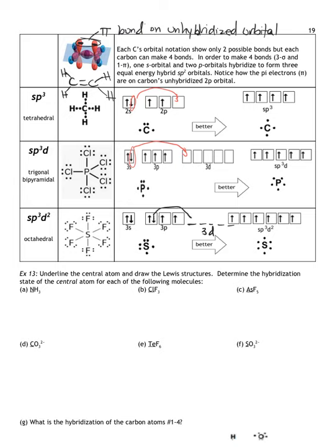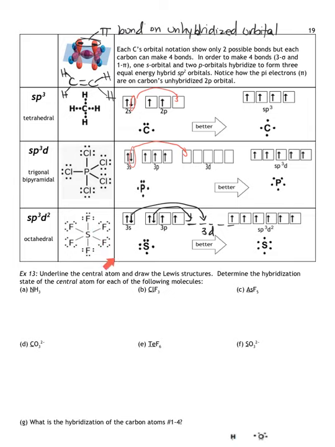So one electron's going to go over here, another electron's going to go over here. So we're going to hybridize one s, so here's an s orbital, 3 of the p's, and 2 of the d's. And so this is called sp3d2. And notice how this truly does align with the bonding that takes place right here in sulfur hexafluoride.